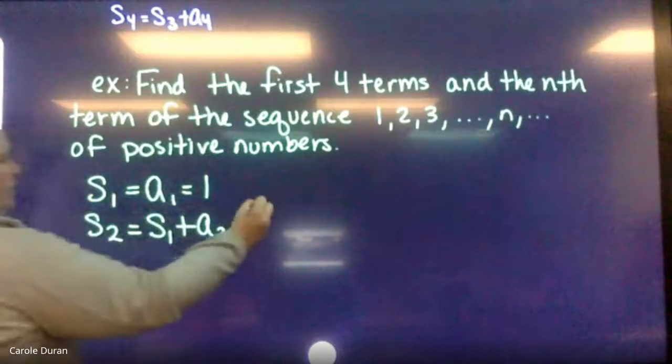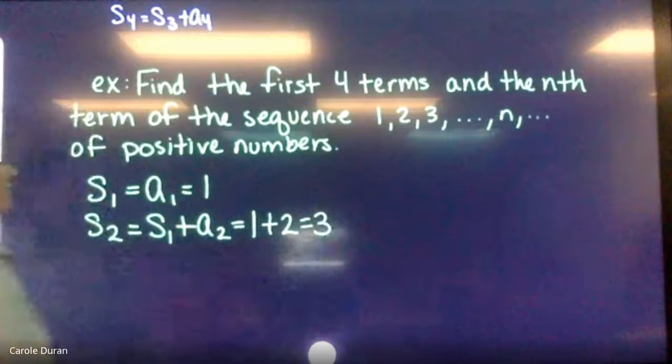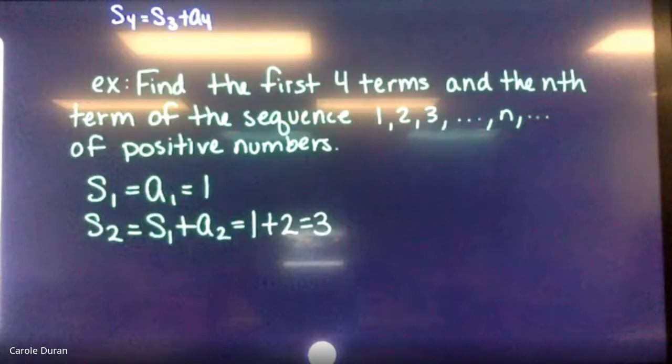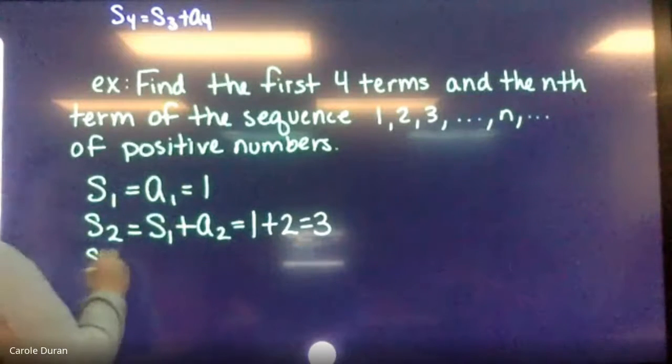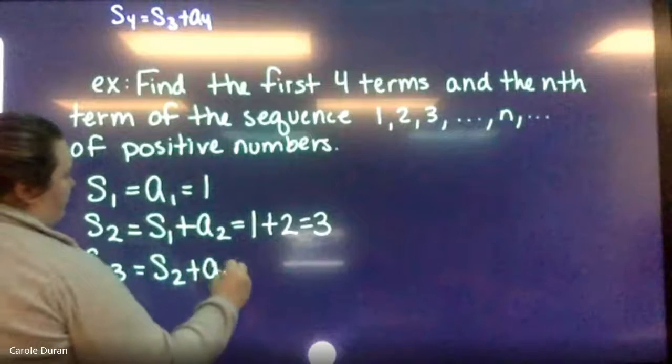Sum 1 was equal to 1. My second term is 2. So S2 here equals 3. Do we see how it's building off the previous sum? Yes. So then we just keep going. S3 would be S2 plus A3.